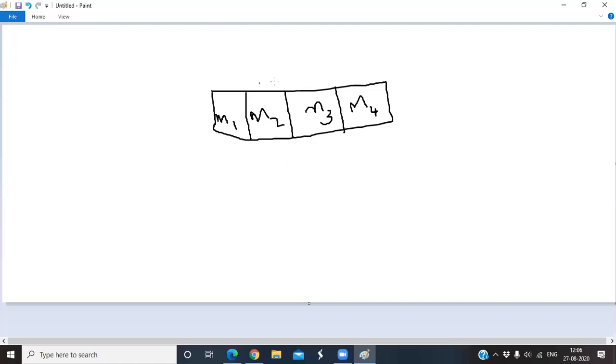Try to write message register on top of this box. This is the message bit, that means it is the input sequence. Now you have to enter the input sequence into this register. Here, this is the input sequence.